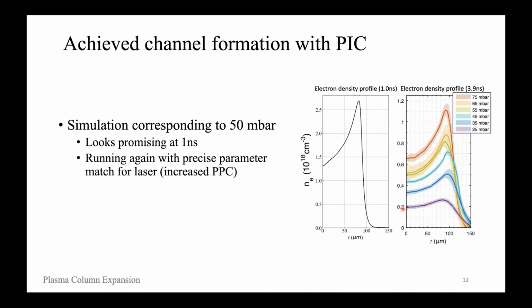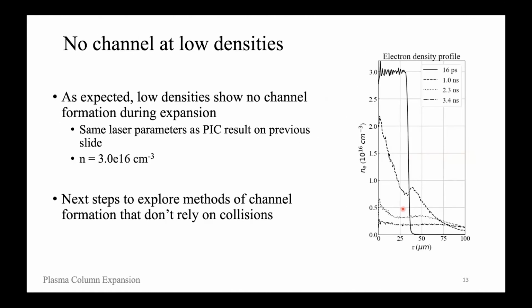But I did use this EPIC expansion code to look at one other thing. I did a run at that low density where we don't expect to see any channel formation because collisions are no longer sufficient. This is the same laser parameters as in the previous slide. All I did was drop the density. And on this plot, you can see the expansion of the density profile over time.